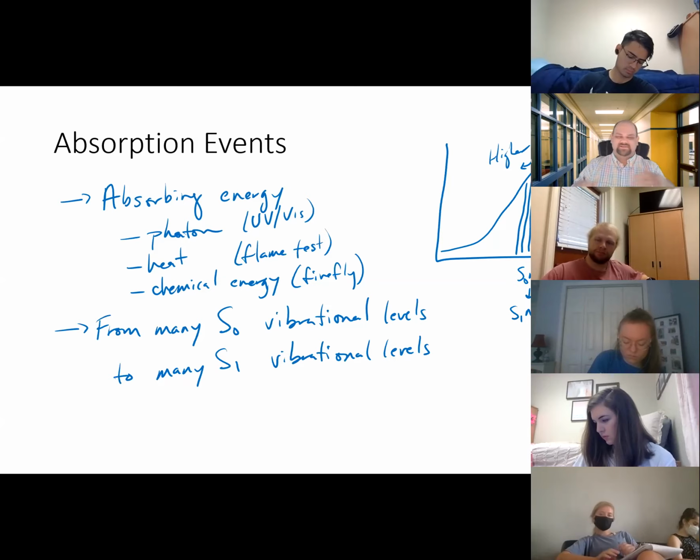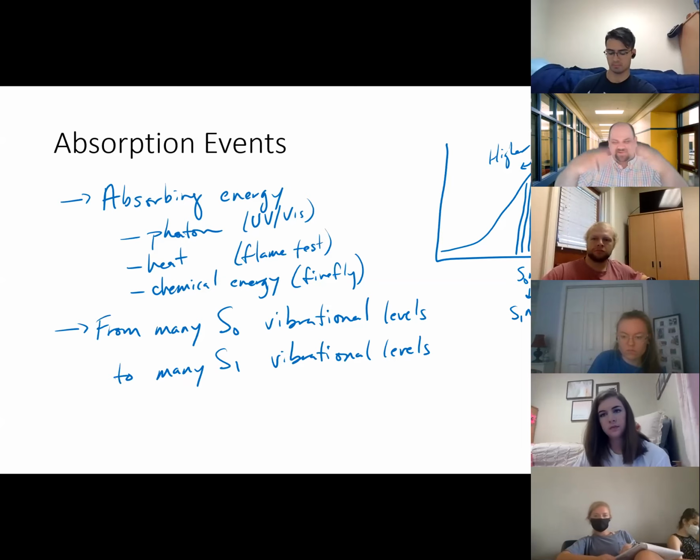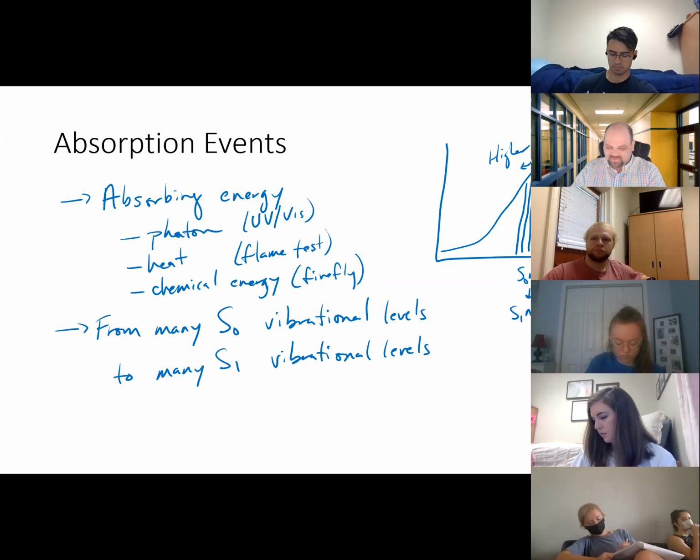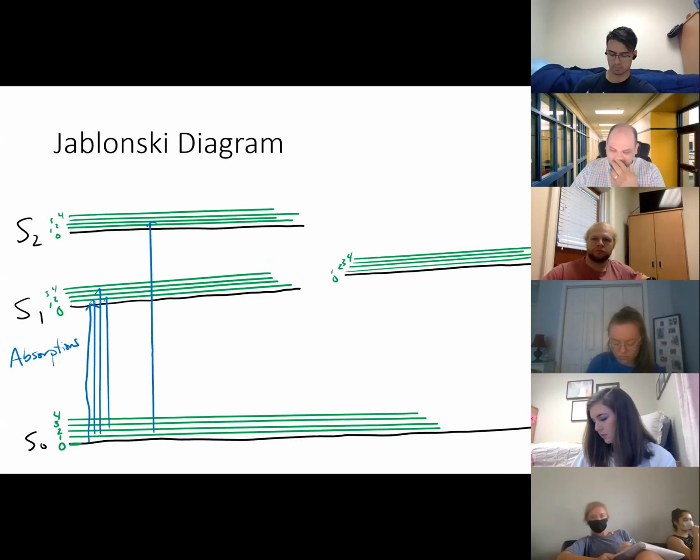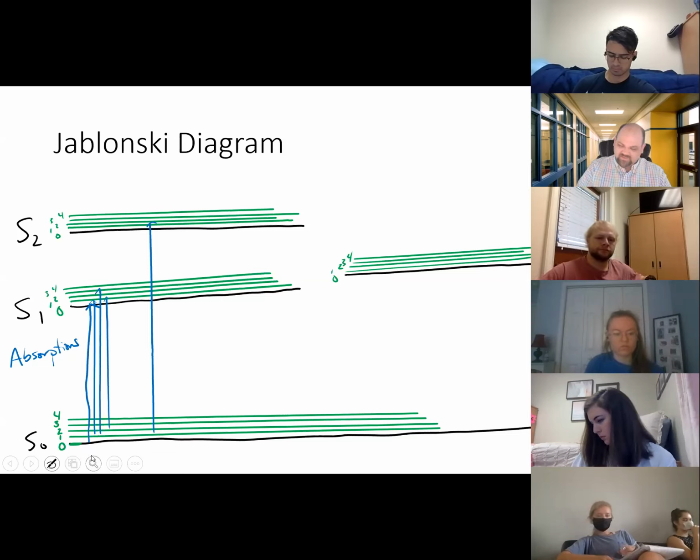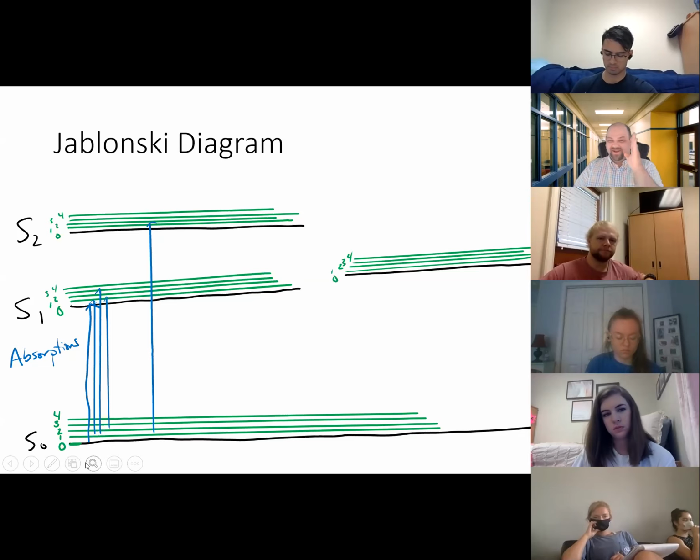But because they're at room temperature and there are lots of different vibrational levels occupied by these molecules, we don't get just a single transition. If I go back to the Jablonski diagram, on this first absorption that I didn't draw with a ruler, from S0 in 0 to S1 in 0, that's just one energy. We would see a single wavelength absorption. We wouldn't see this broad peak.